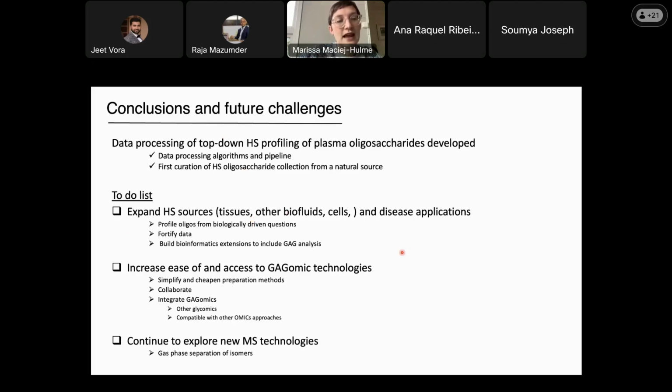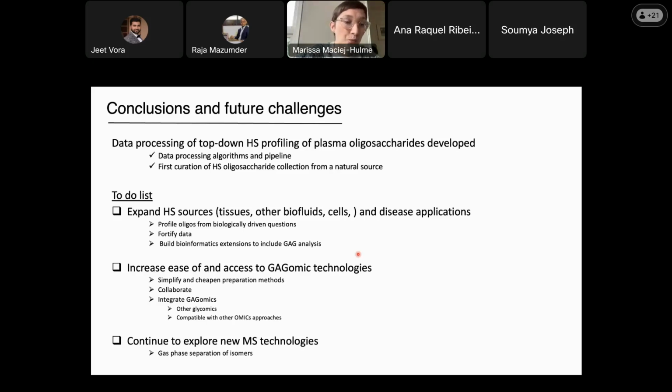Really take the HS oligosaccharides from biologically driven questions to bring a large amount of data into the field, but also have cross references.